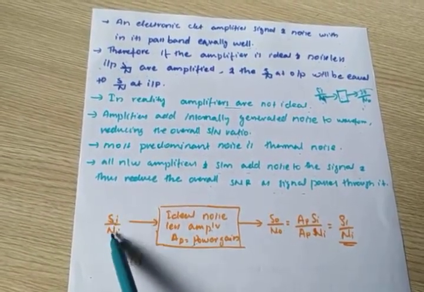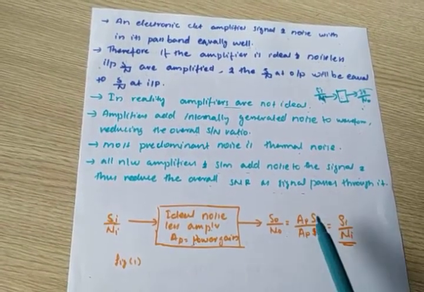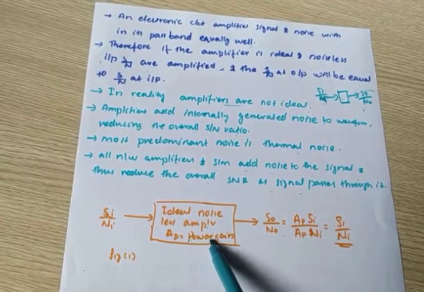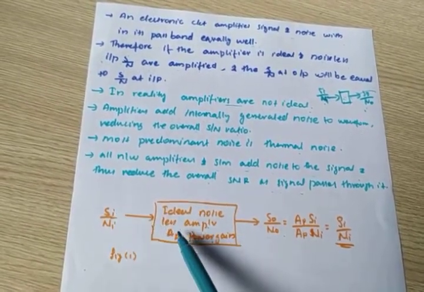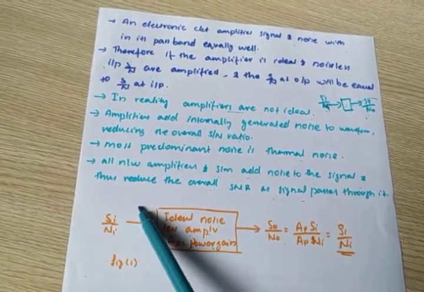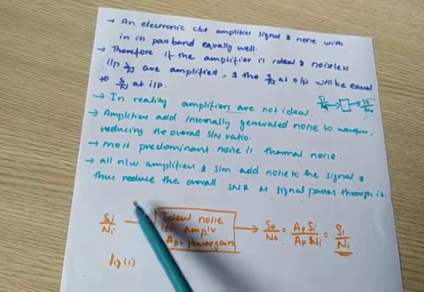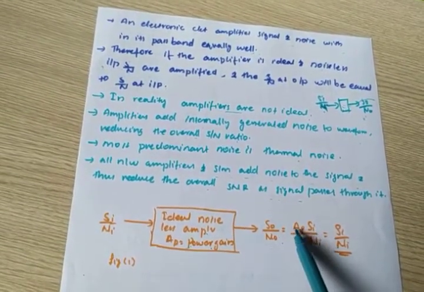So Si by Ni is the input signal to noise ratio, and the output is S0 by N0. Ap is the power gain, so both the signal and noise are amplified. If the gain is 5, then the signal is multiplied by 5, and the noise is also amplified 5 times. That's why it is written like that.